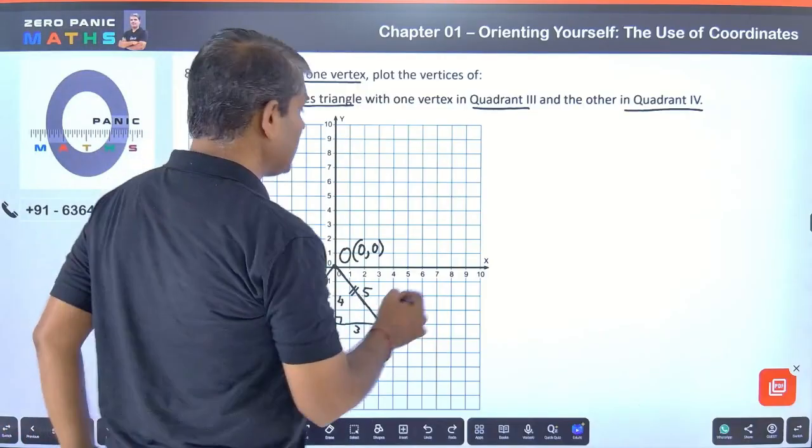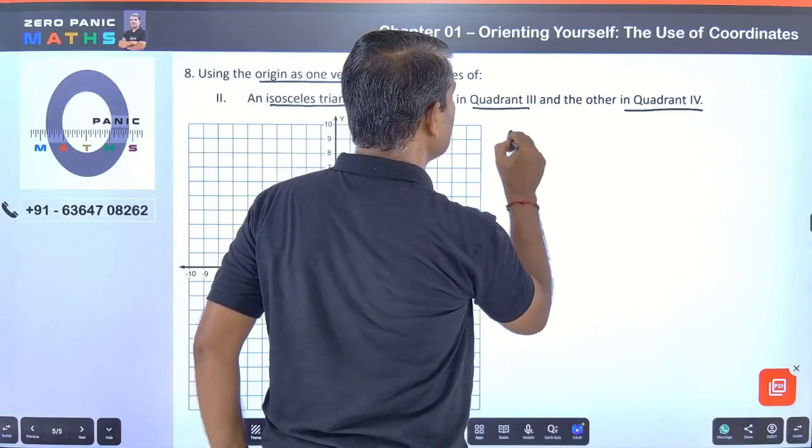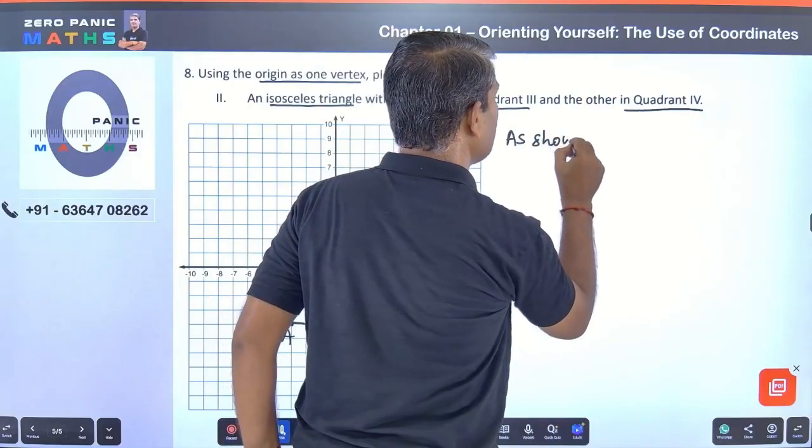Now let us write that as shown in the graph.